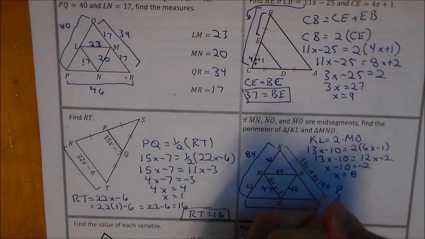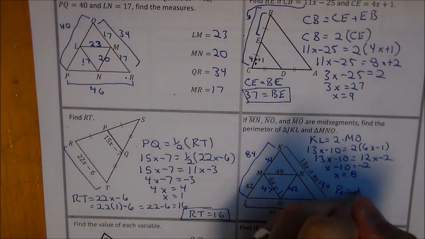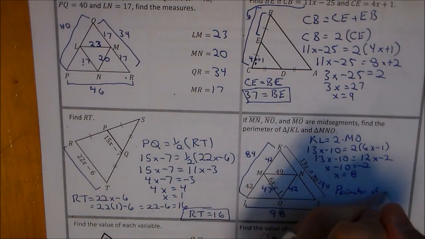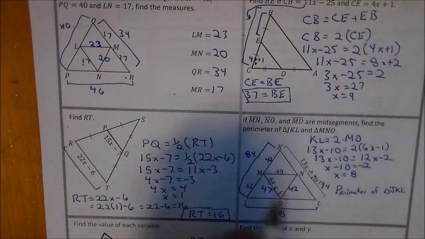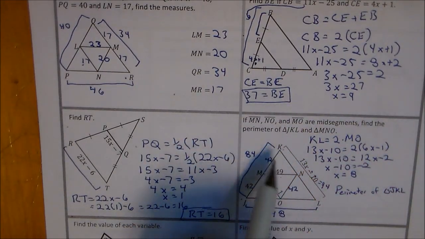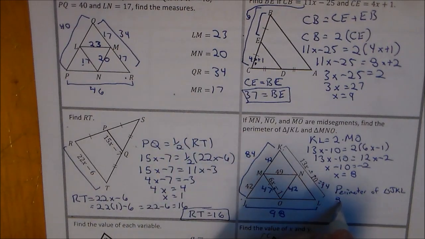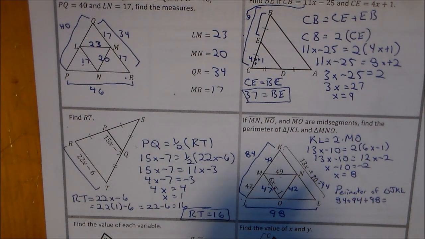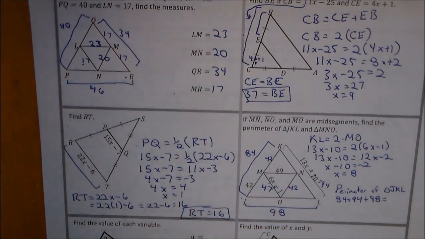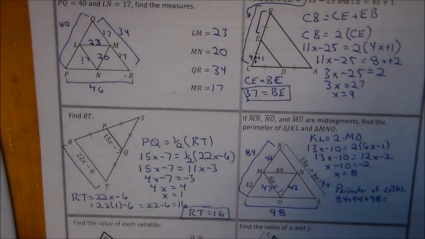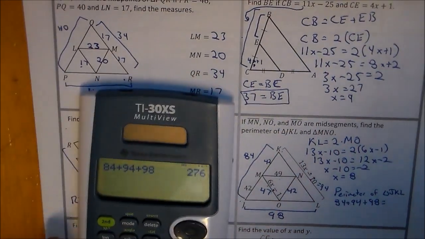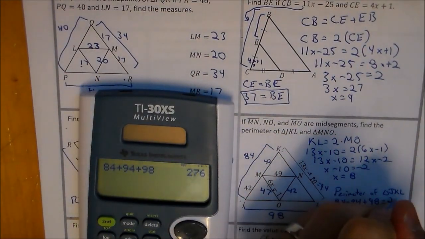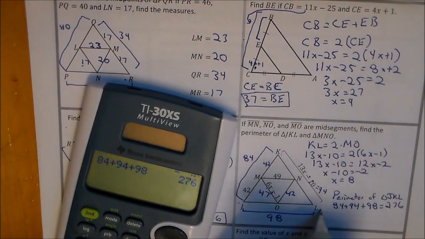So now our perimeter of JKL, the outside one, is 84 plus 94 plus 98. So 84 plus 94 plus 98 gives us 276 for our perimeter of JKL.